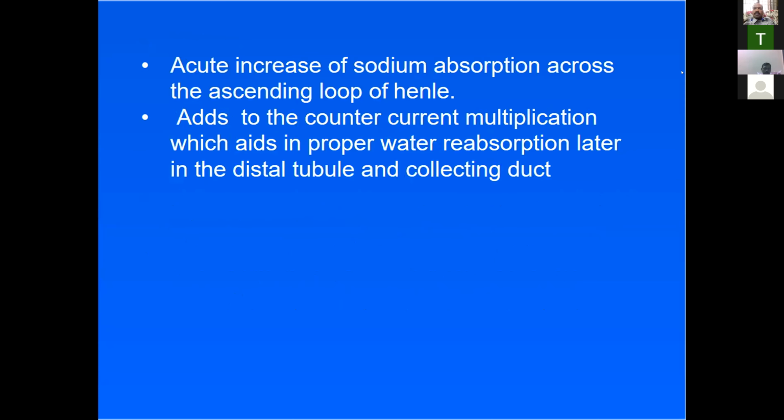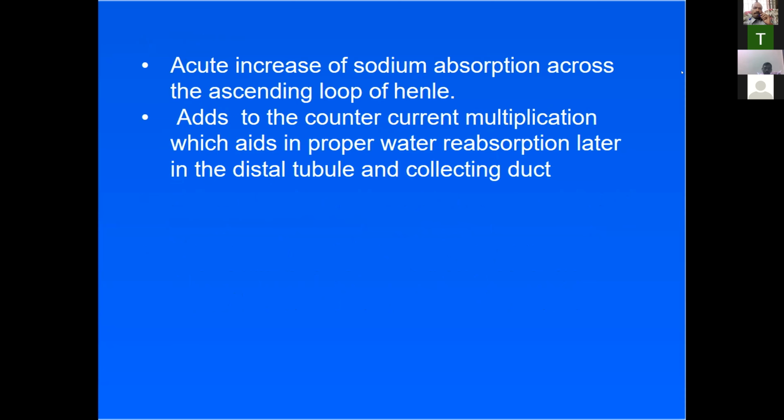Next slide, sir. And acute increase of sodium absorption across the loop of Henle adds to the countercurrent multiplication, which aids in proper water reabsorption. First it acts on the loop of Henle, then later on the distal tubule, and finally on the collecting duct, where it allows reabsorption of water into our system.